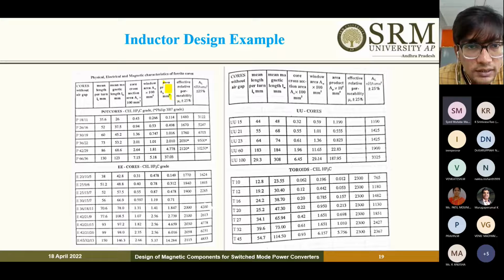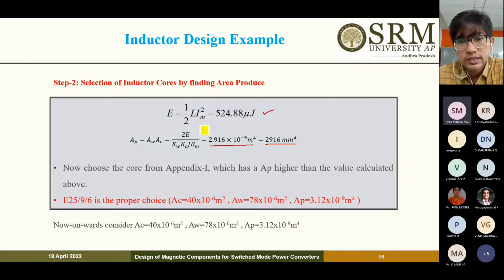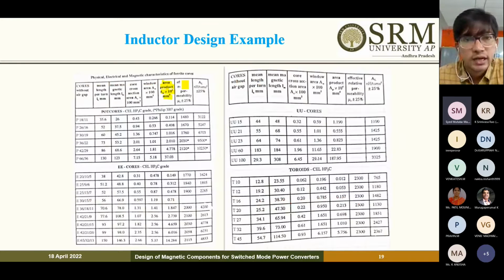They mention area product AP into 10 power 4 mm power 4. The units are the same, but whatever the value is here, you need to multiply with 10 power 4.